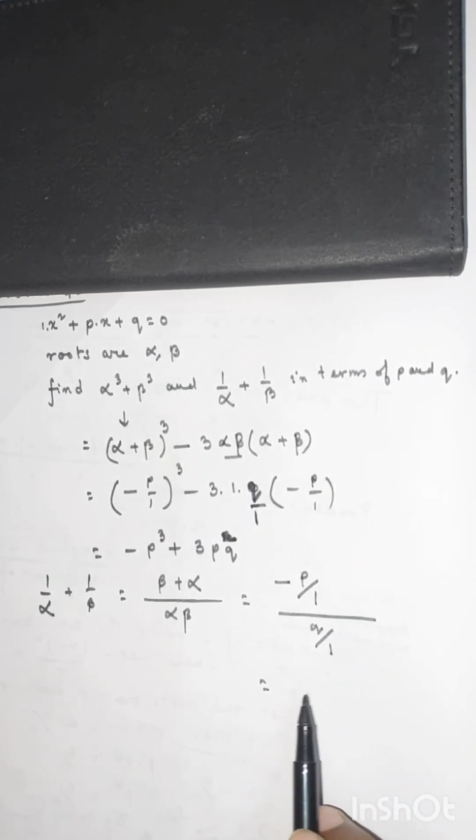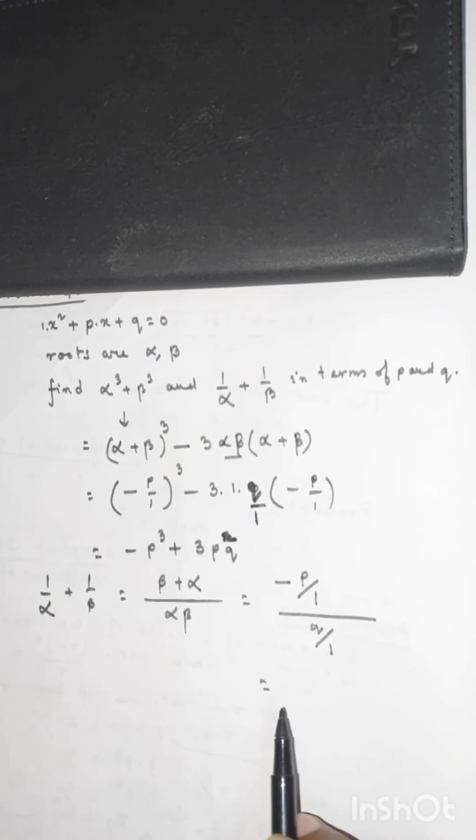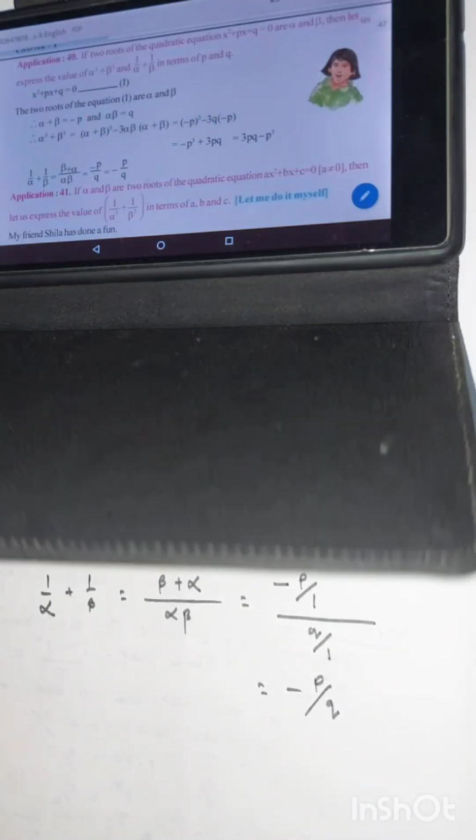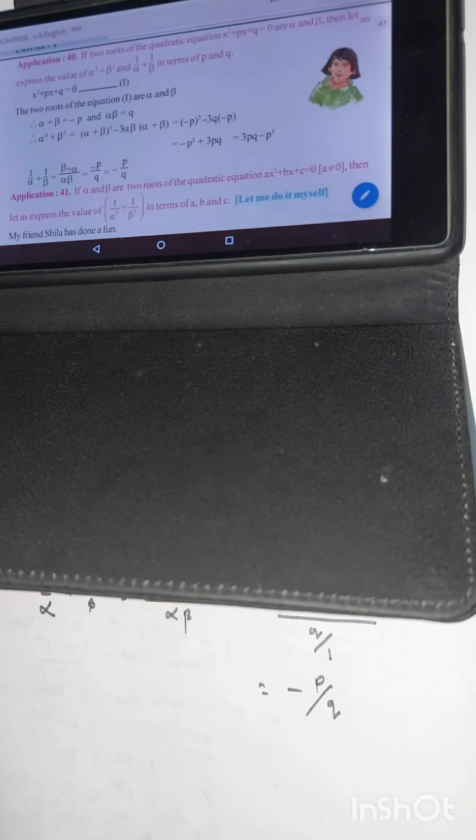So this is minus p by q. Okay, so this is our 1 by alpha plus 1 by beta.